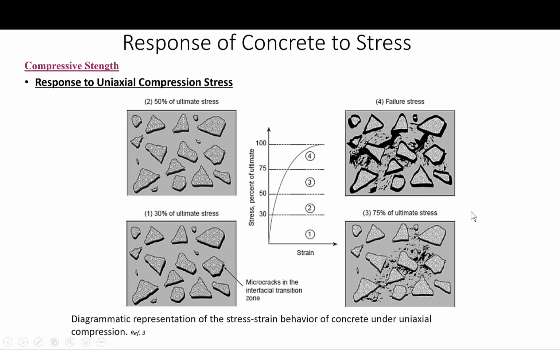So not only does the crack system in the interfacial transition zone become unstable, but also the proliferation and propagation of cracks in the matrix increase, causing the stress strain curve to bend considerably toward horizontal, as you can see here. This is basically, as I said, stage 3.